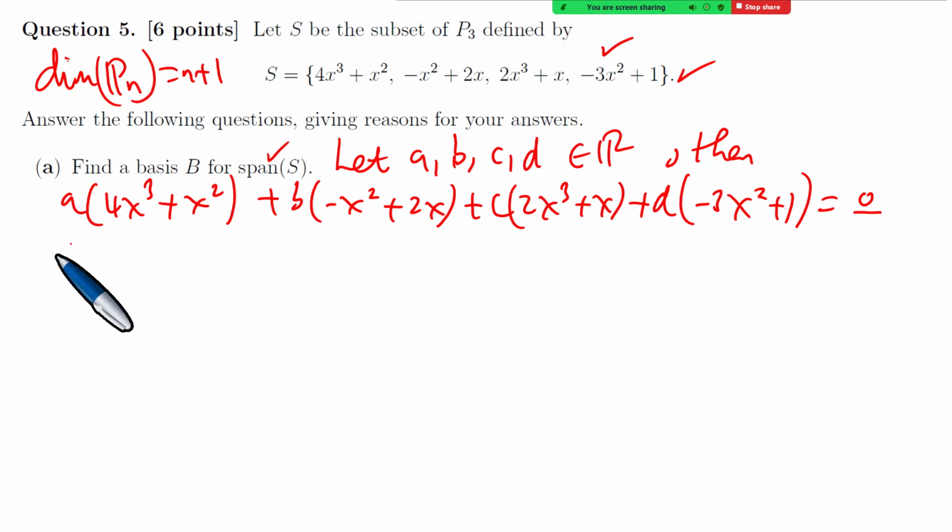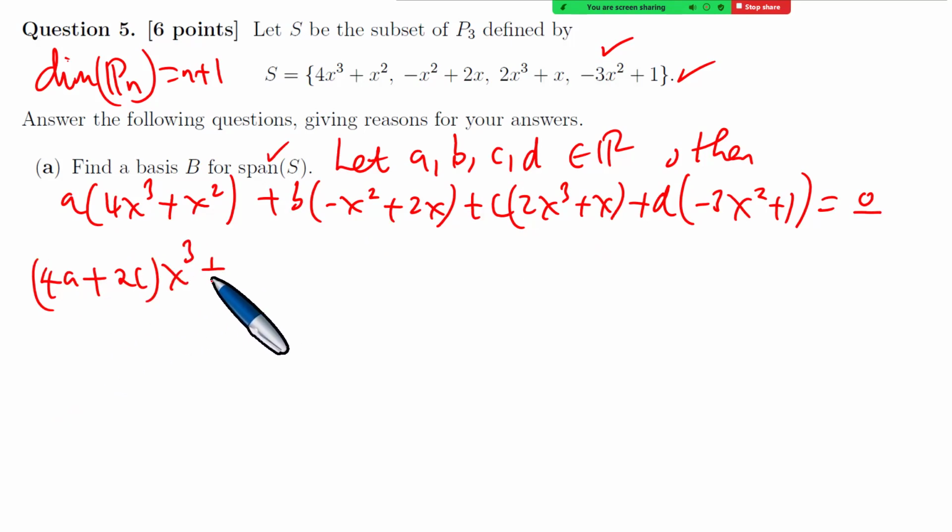For the x cubed, there's x cubed here, there's no x cubed there, which means there's 4a plus 2c. So this is the x cubed coefficient.